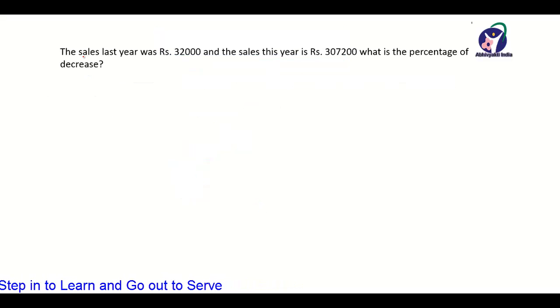Now take another one. The sales last year was rupees 3,20,000. The sales this year was 3,07,200. What is the percentage of decrease?